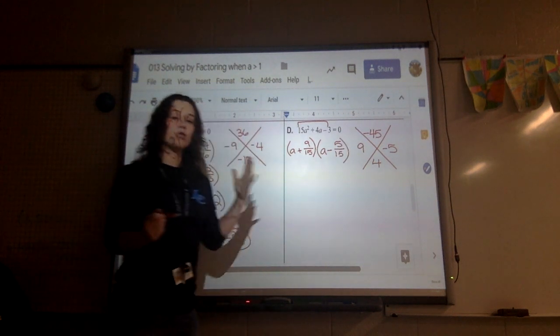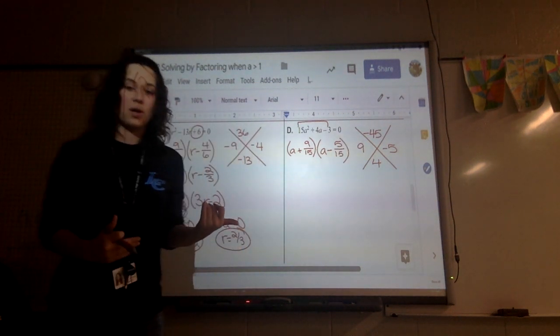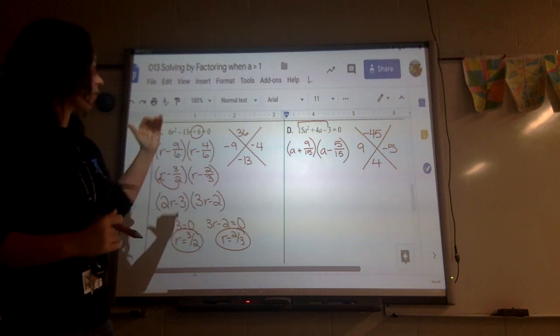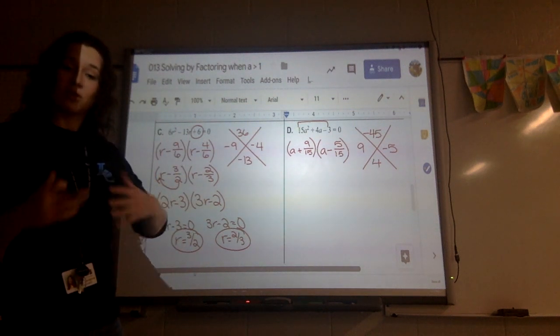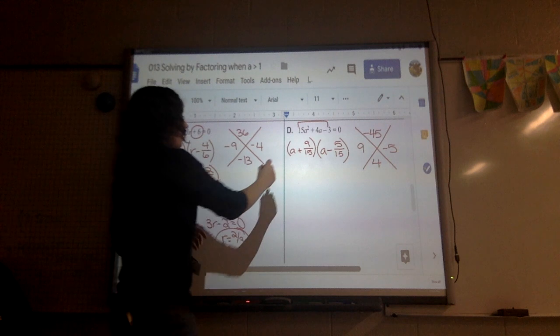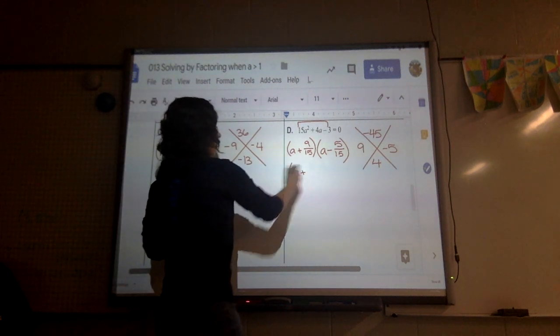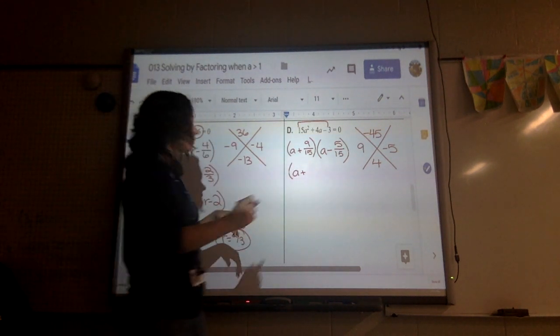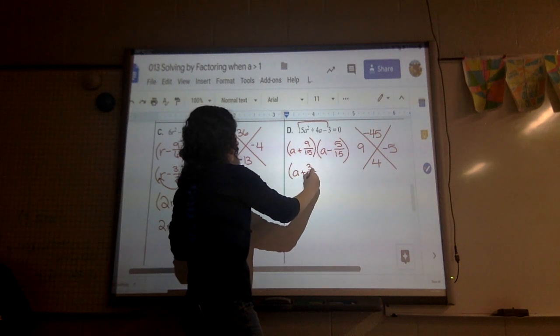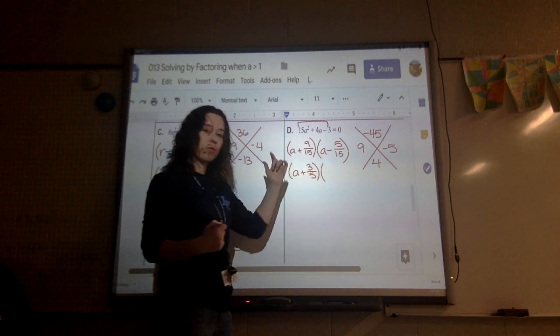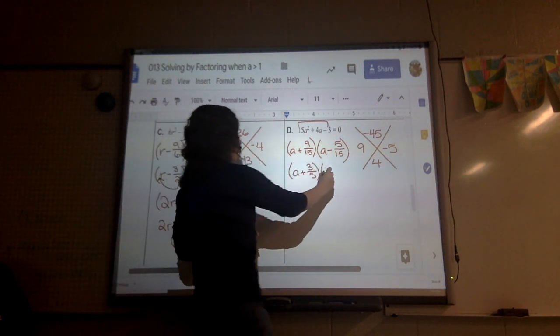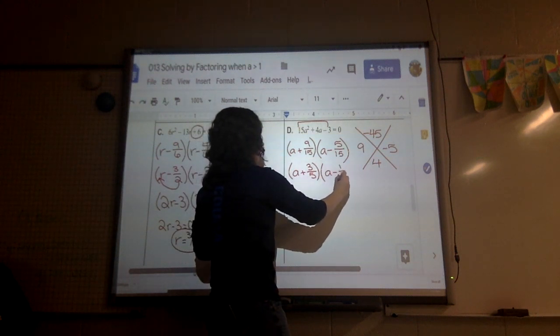So everything that I do should involve that 15. Okay? So as I look at these fractions, I notice they can reduce. So let's go ahead and do that first. 9 over 15 will reduce down to 3 over 5. And 5 over 15 will reduce down to 1 over 3.